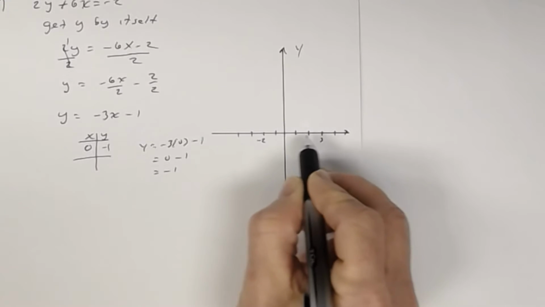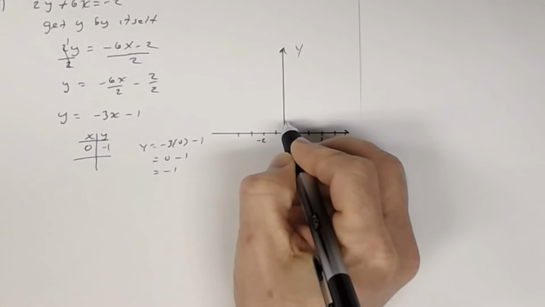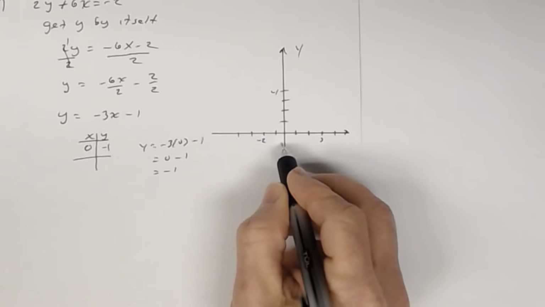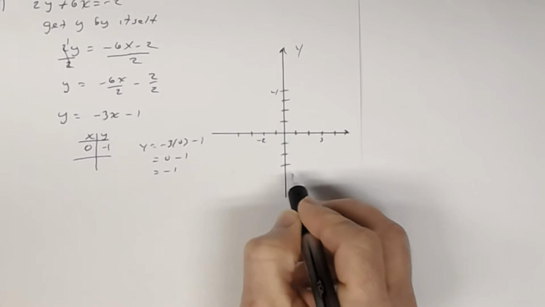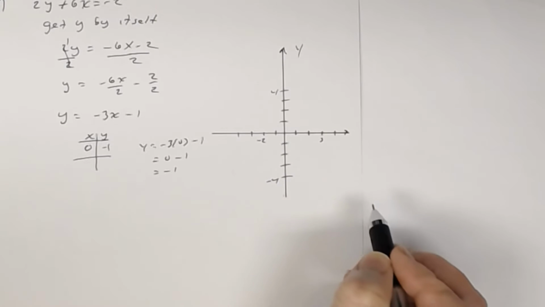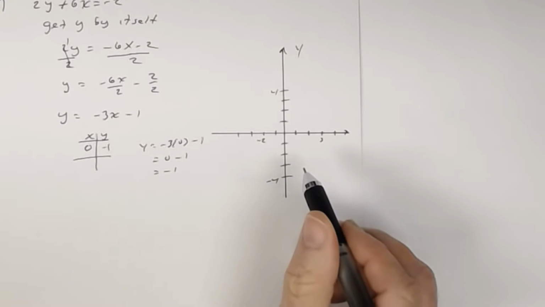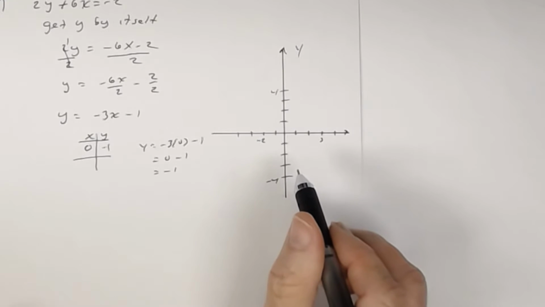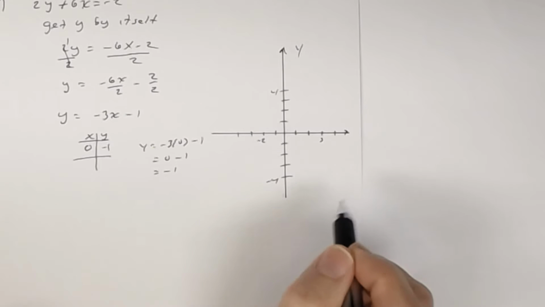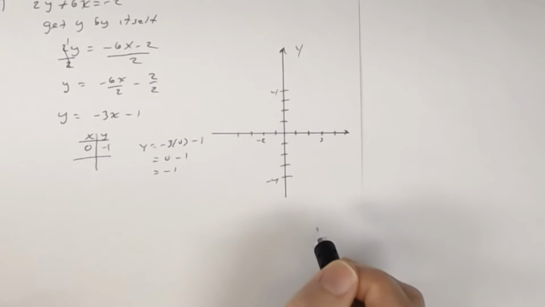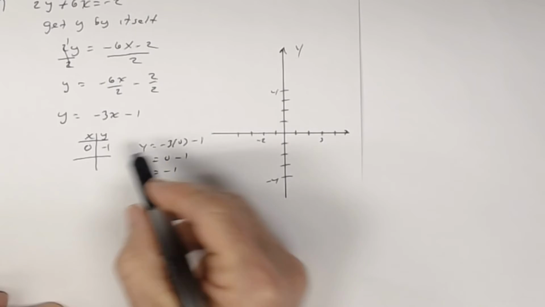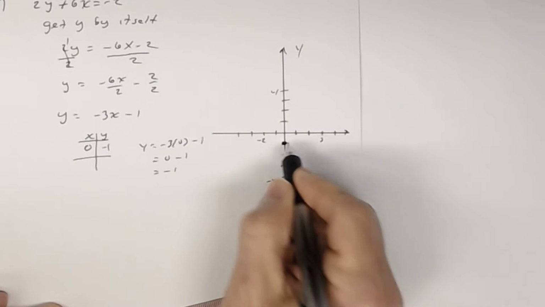Space the same. Then 1, 2, 3, 4, and so on. Negative 1, negative 2, negative 3, negative 4, and so on. That's the way you're going to do it by hand. Okay, all of you have a straight edge. If you don't have a ruler, you can use your ID. Okay, so 0, negative 1 is here if you do it by hand.